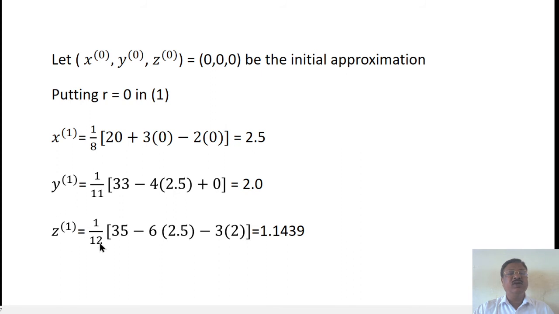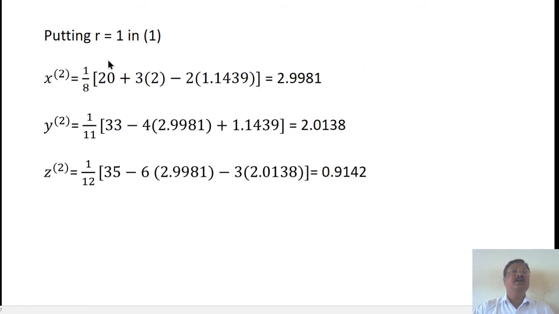And z raised to 1 is 1 upon 12, 35 minus 6 into 2.5 minus 3 into 2, the most recent values, which will give you 1.1439.